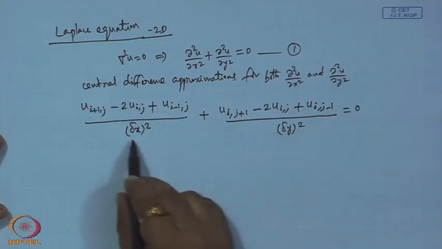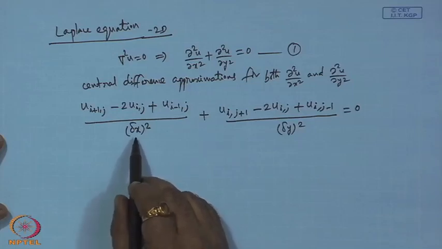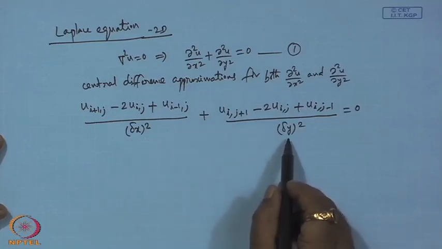So, where delta x is the corresponding x grid length and this is the corresponding y grid length.